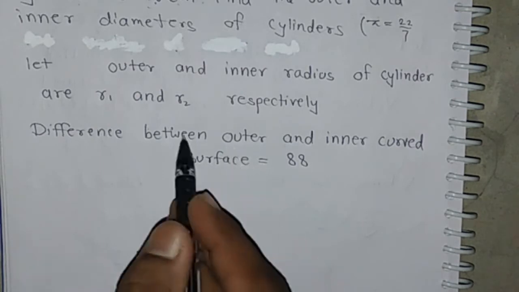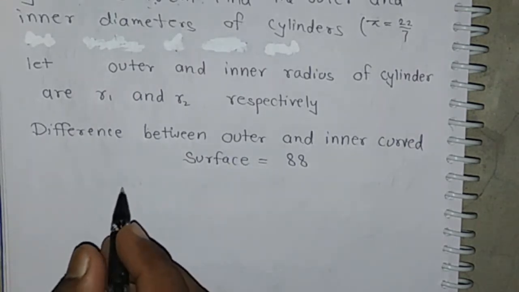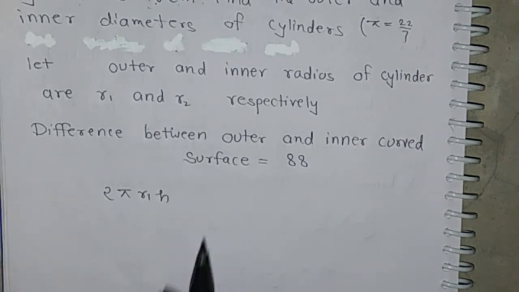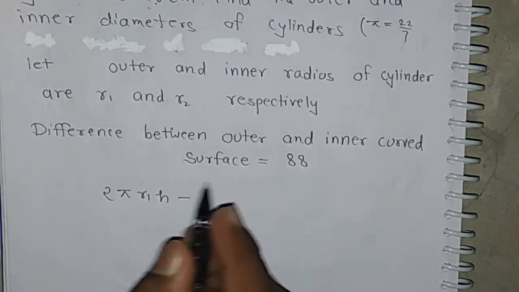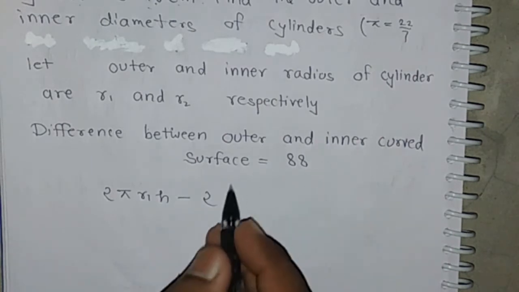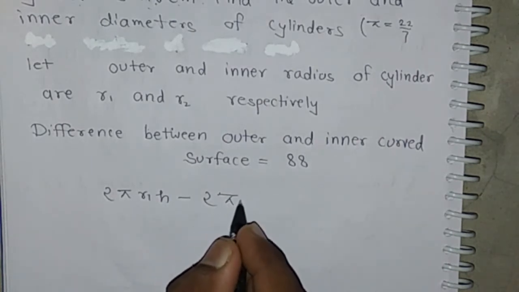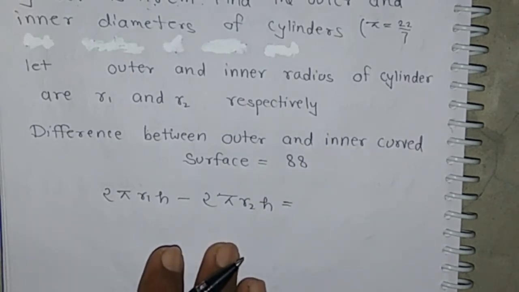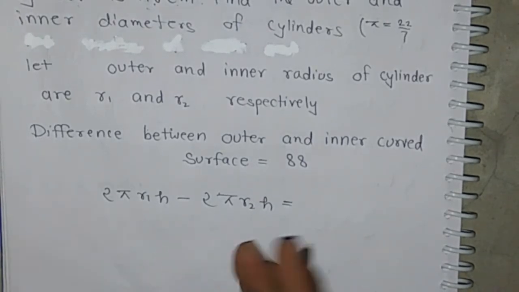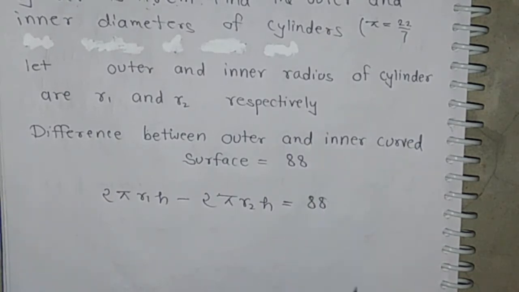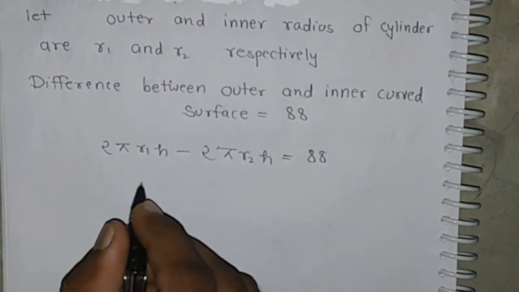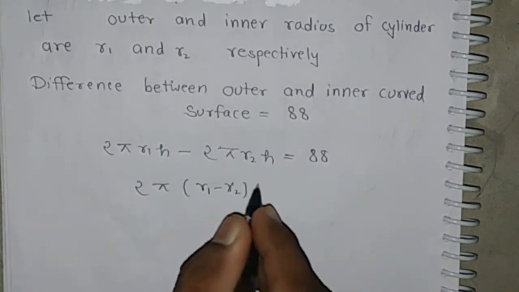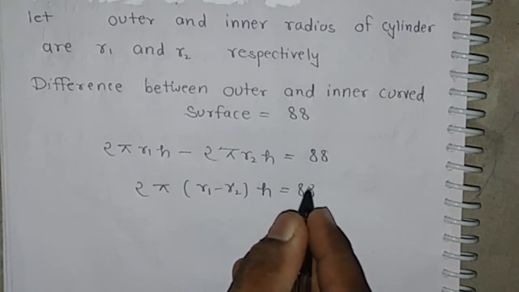and if we want to find the outer curved surface area, it means 2πR1H minus the inner curved surface area, which means 2πR2H, equal to 88. Now 2π(R1 minus R2)H equal to 88.